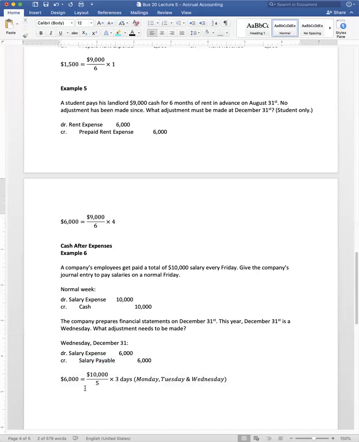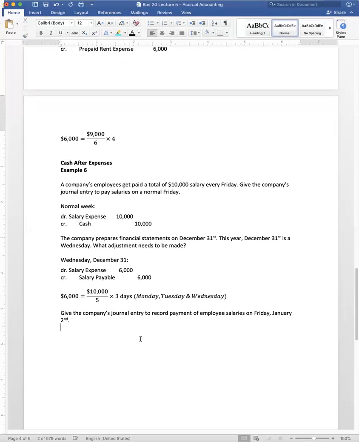Okay. Now, this isn't the end of it because a couple days later, it's Friday and the employees get paid. So we're going to give the company's journal entry to record the payment of those salaries on Friday, January 2nd. Okay, so what happens on Friday the 2nd?